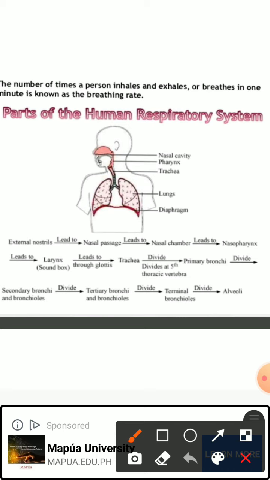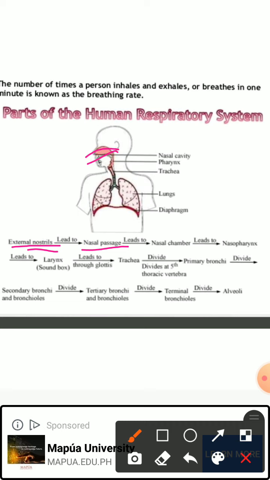First, as we inhale, the air enters from the two holes of the nose, and these holes are known as nostrils. After the external nostrils, it leads to the nasal passage, which is the nasal cavity.